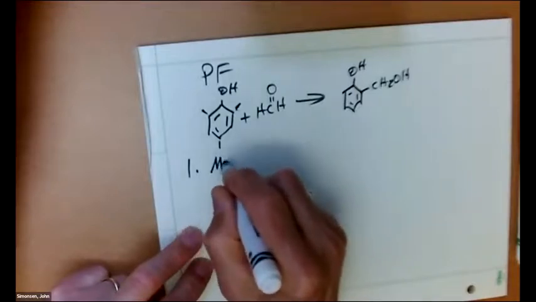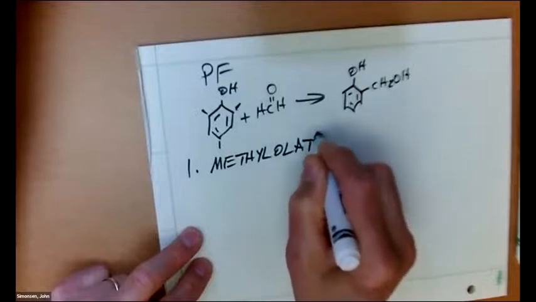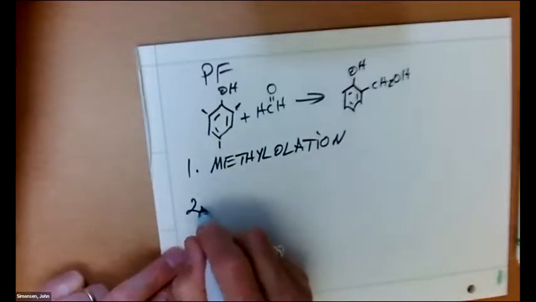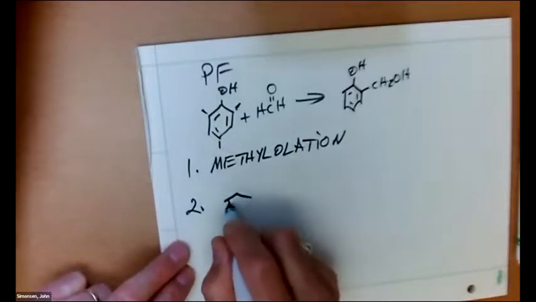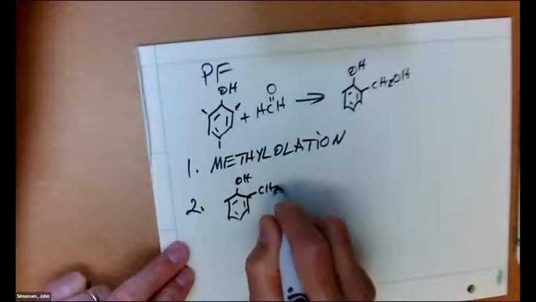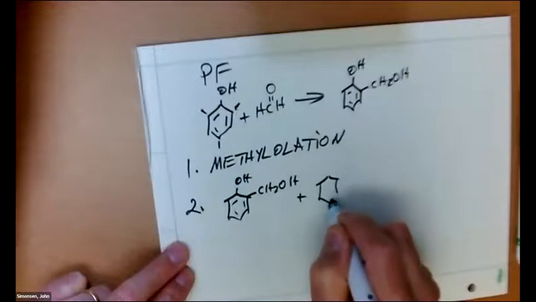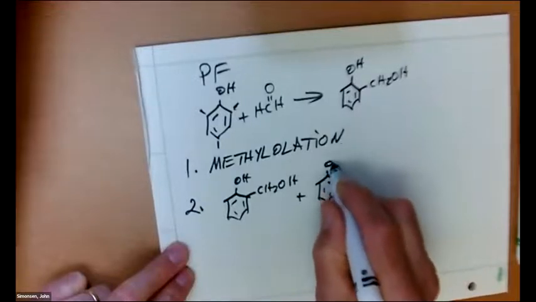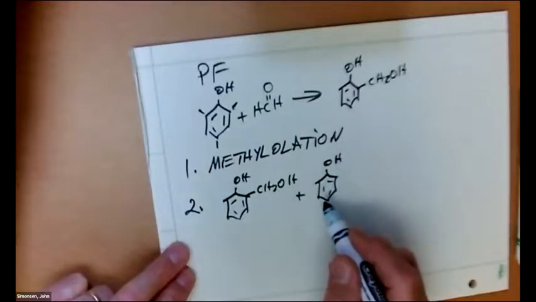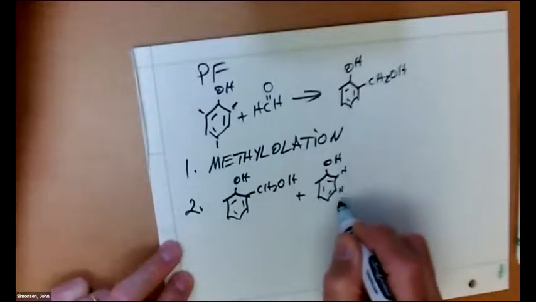And once again, the first step is methylolation. Okay. And the second step, you have, now, there's a little bit of chemistry going on here, because usually when we draw this, we omit the hydrogens, but in actuality there are hydrogens here, right?